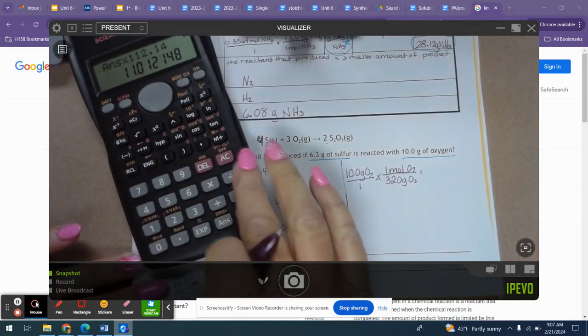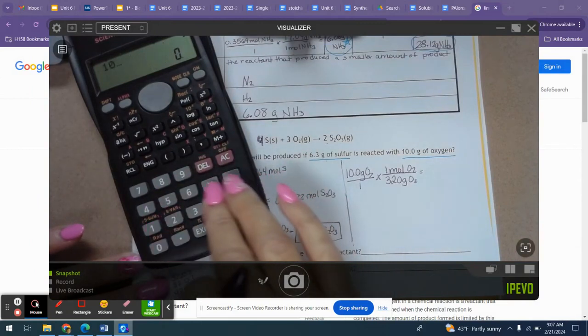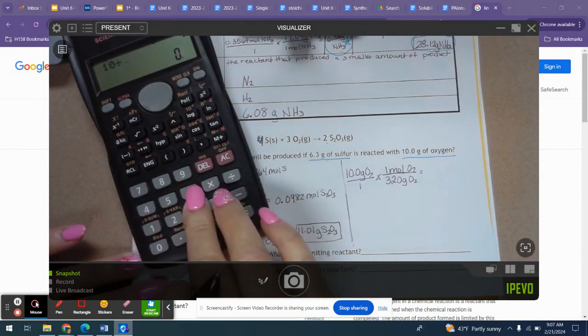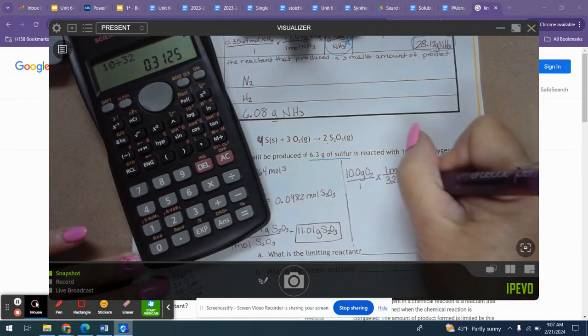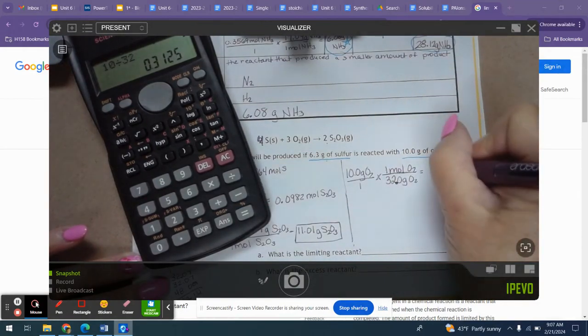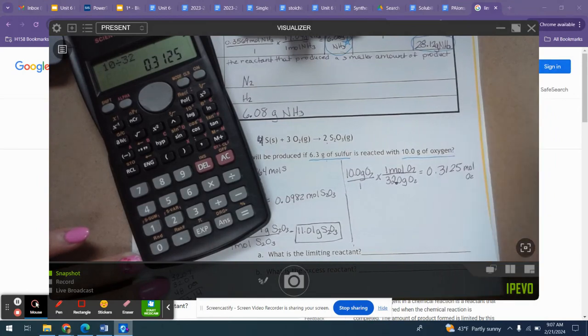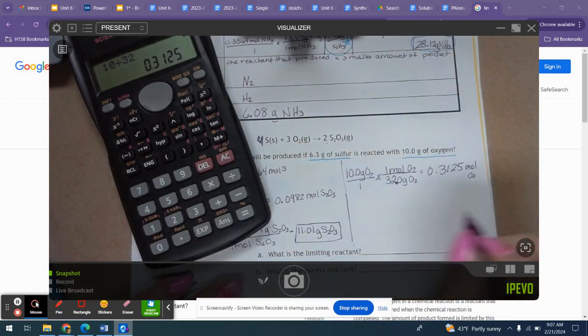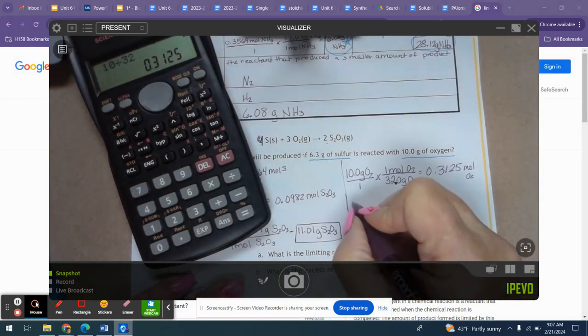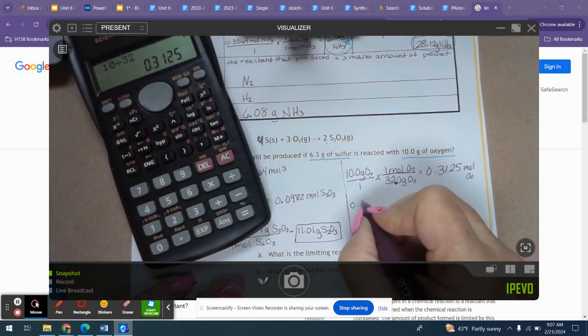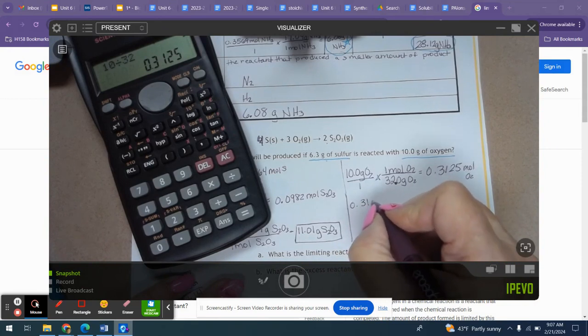So 10 divided by 32 is 0.3125 moles of oxygen. Next we need to use the mole ratio to convert from moles of oxygen to moles of product.